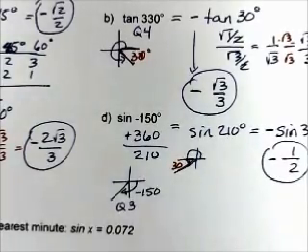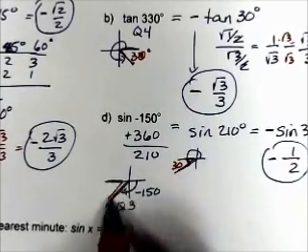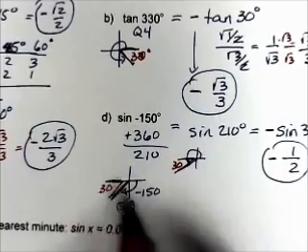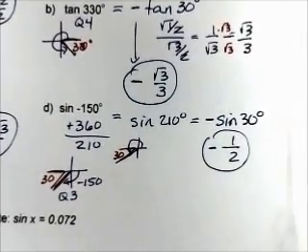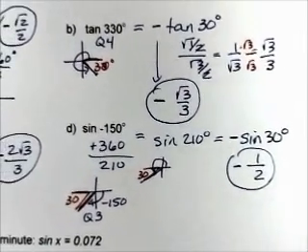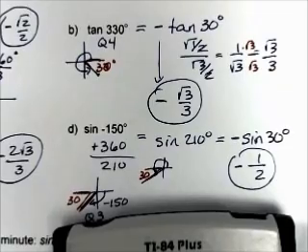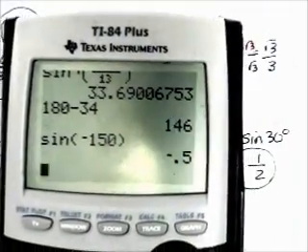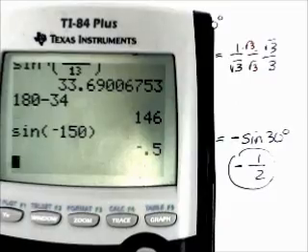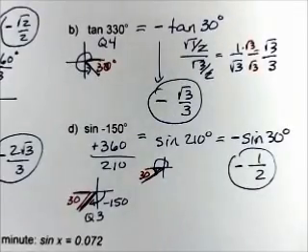The reference angle would be this 30 degree angle here. So it would be equivalent to negative sine 30. We'll still come up with the same value, of course. Just a quick check on the calculator. If I key in sine of negative 150, I do get negative 0.5, or negative 1/2.